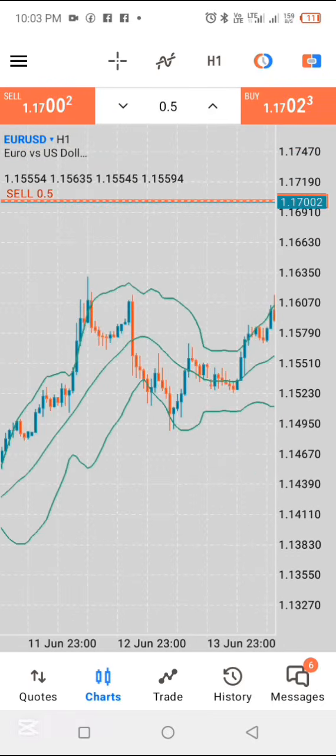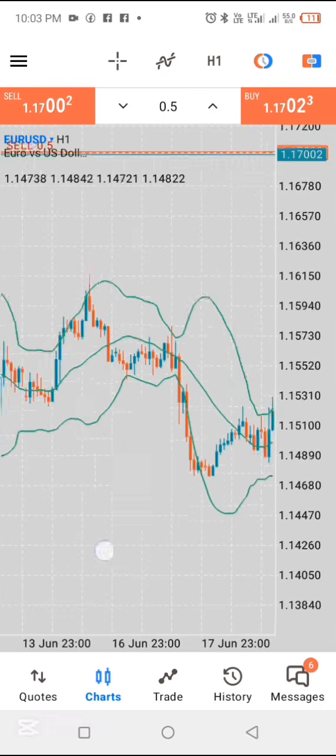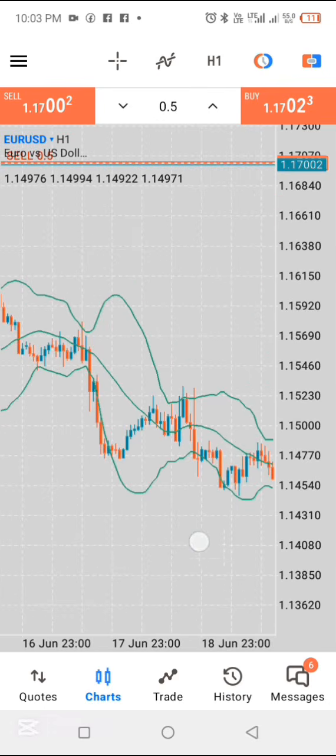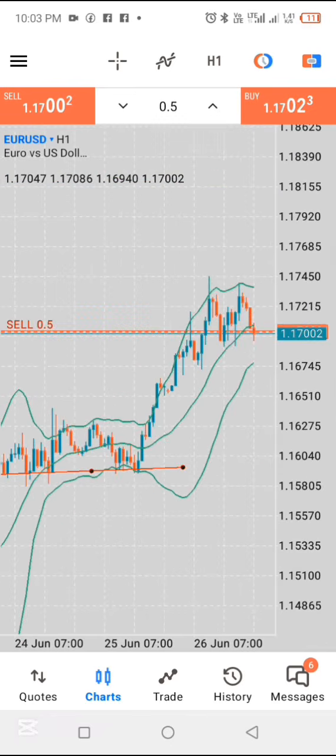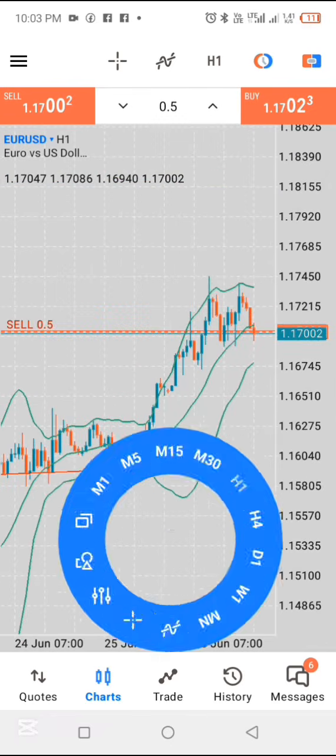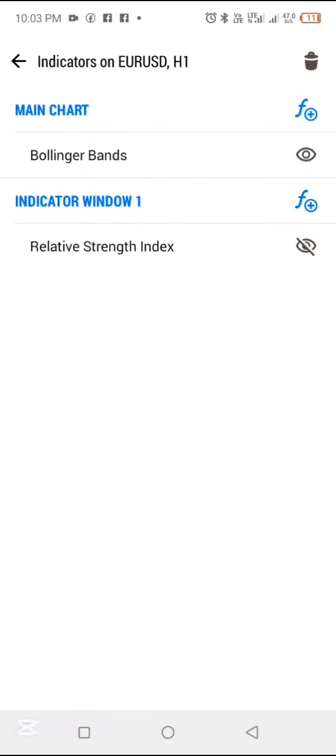Yes, you can install the RSI sometimes to trace overbought and oversold regions. So let's put on the RSI and see for ourselves the relative strength index.